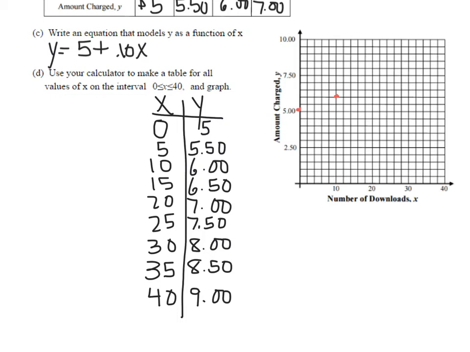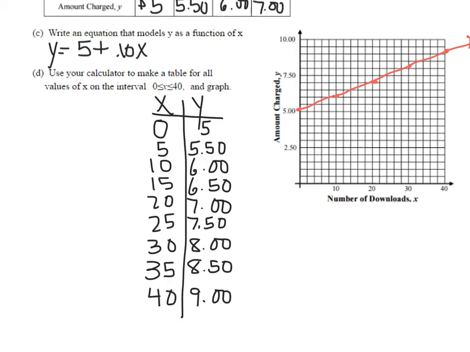At 20, I see that I want $7, so I'm going to plot that point. At 30, I've got $8, so that would be this point. And at 40, I've got $9 right here. Trying to make a nice straight line, I see that here is the graph representing this problem.